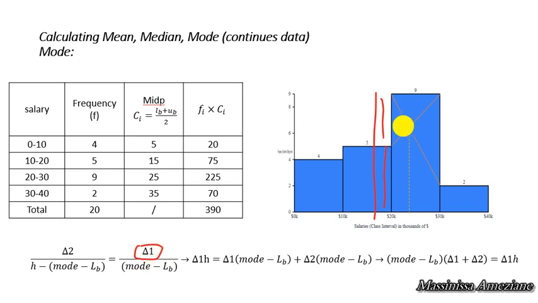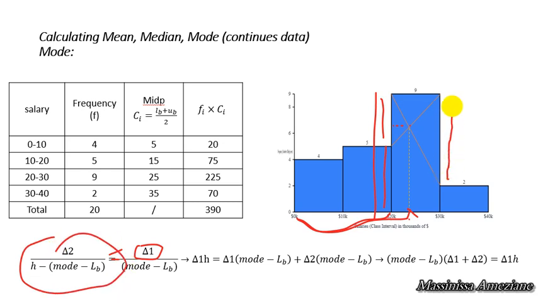And what is this actually? It is this, which is the mode, until here it is the mode, minus this one, which is the lower boundary of the modal class. So delta 1 divided by the mode minus the lower boundary equals this. What is this? So this is called delta 2.